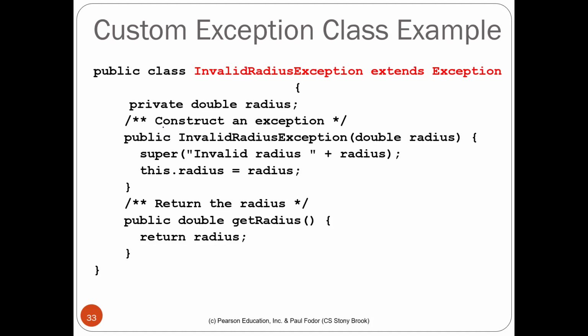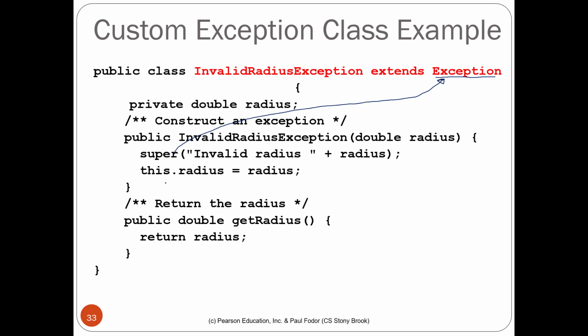And right here you have a constructor very similar to the constructor that I had written, and in that constructor you're calling super. That means you're calling the constructor of the Exception class. Super means the parent class, which is your Exception class. There's already a constructor there, so we are calling that with our own message which says invalid radius, and then we also specify what radius value we have which we are calling invalid.